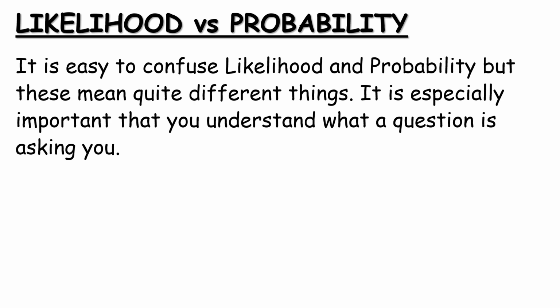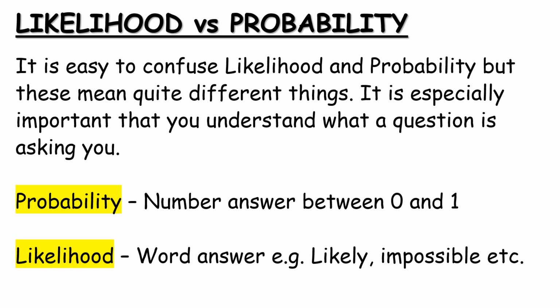One thing that's very easy to get confused about when dealing with probability is questions related to likelihood and questions related to probability. When you're asked for likelihood, what we're being asked for is what we've just looked at on the probability scale. The answer should be a word like likely, impossible, even, and so on.